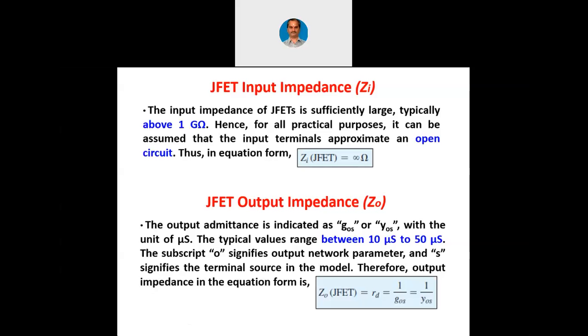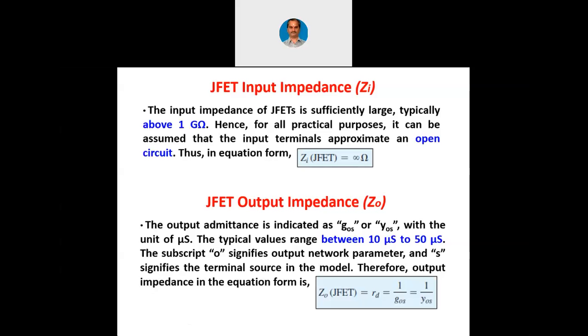Even in the case of JFET, even though between drain and source there is no other junction, basically that junction is a reverse biased junction, right? N is connected to positive of the battery. So naturally, admittance will be lesser, impedance will be larger.